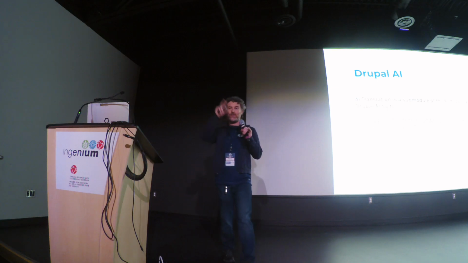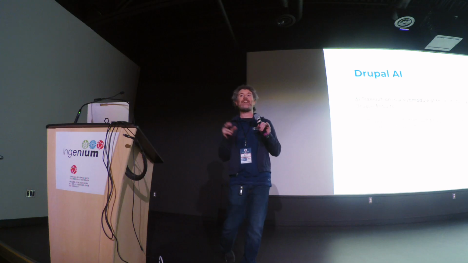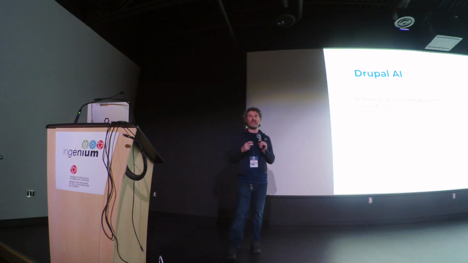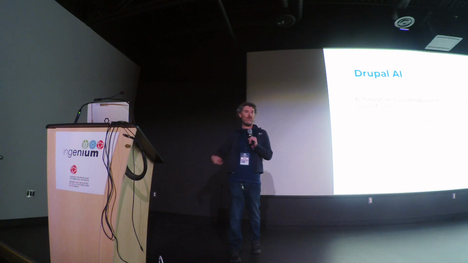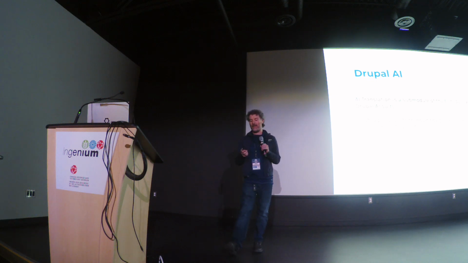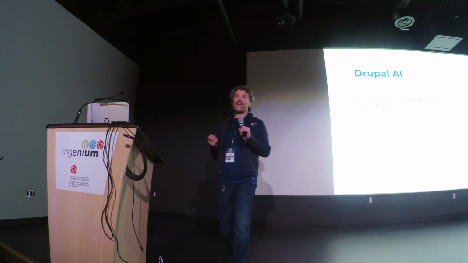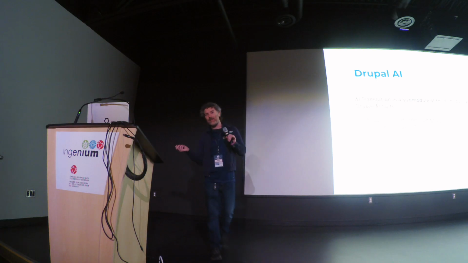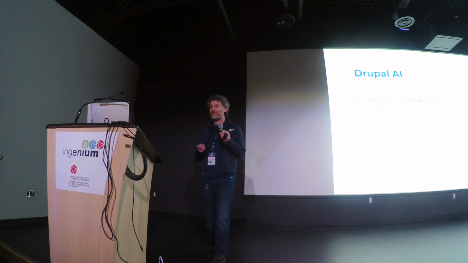This module lets you set up the prompt that's being used for that, but it will take all the data from the fields and send them to your service and model of choice, ask it to translate it into the destination language, and then bring it back and save it for you. So it lets you automatically translate things using AI. Better than nothing, but you know, with machine translation, your mileage will vary.